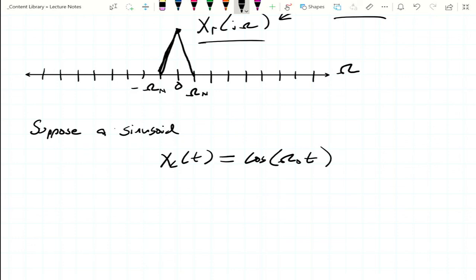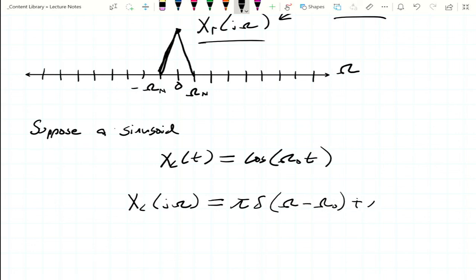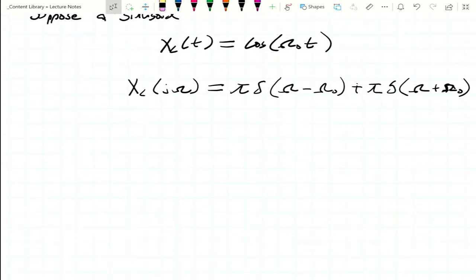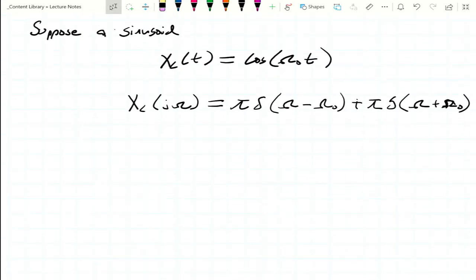All right, and the Fourier transform of that, x sub c of j omega, if you go to the Fourier transform table, you're going to find that it's pi times delta of omega minus omega naught plus pi times delta of omega plus omega naught. So if we graph this, we're just going to see two little impulses.